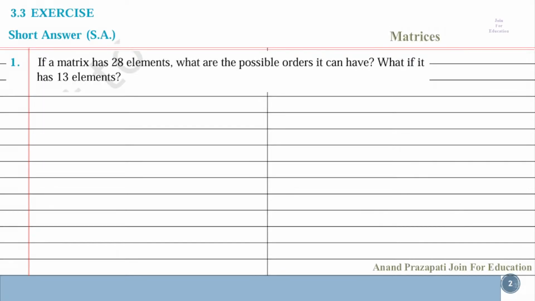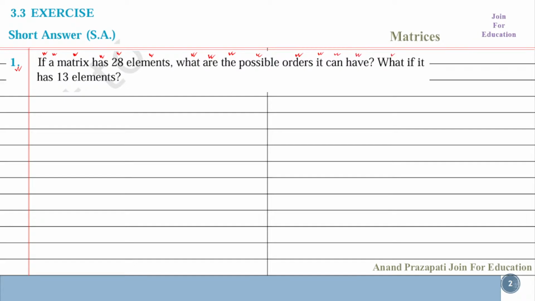Let's see question number 1. This question asks: if a matrix has 28 elements, what are the possible orders it can have?